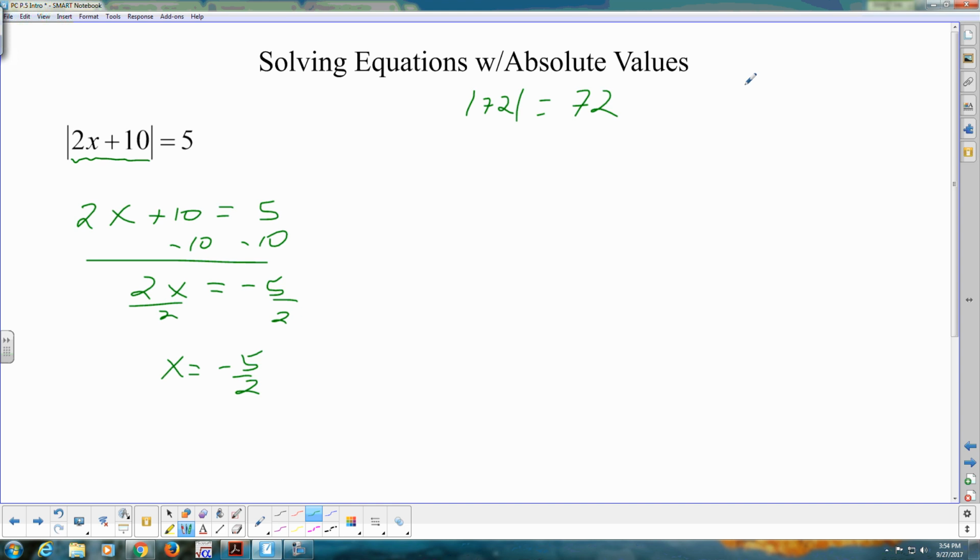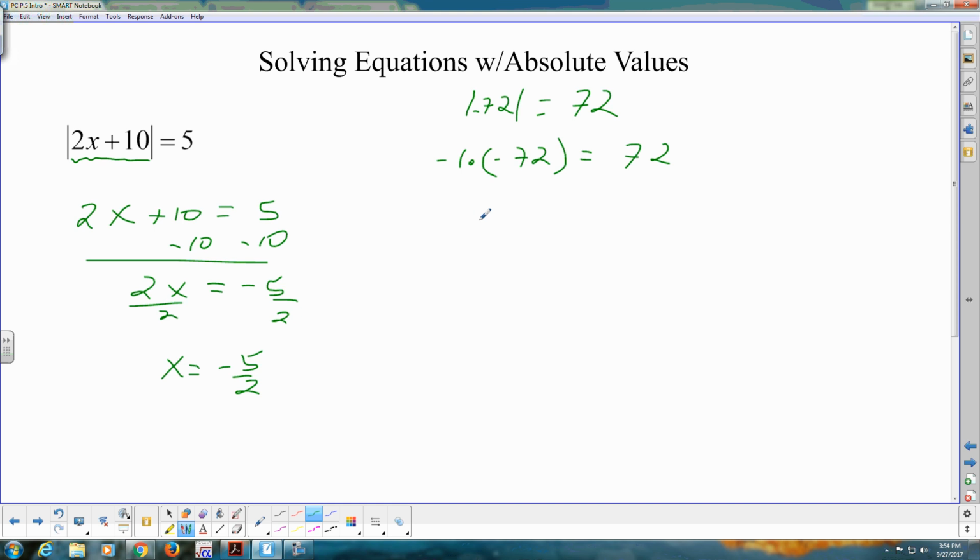Enough said. But what if what's inside is negative? How do you force it positive? Actually, what you're doing to get that to become positive 72 is multiplying it by negative 1. That's what happens when you take the bars off if what's inside is negative. First time around, we assumed what's in here is positive, so we just took the bars off.